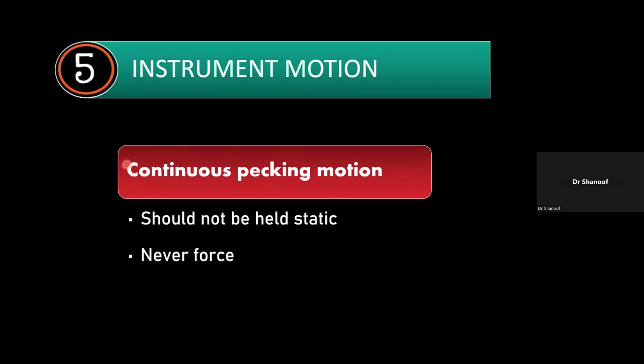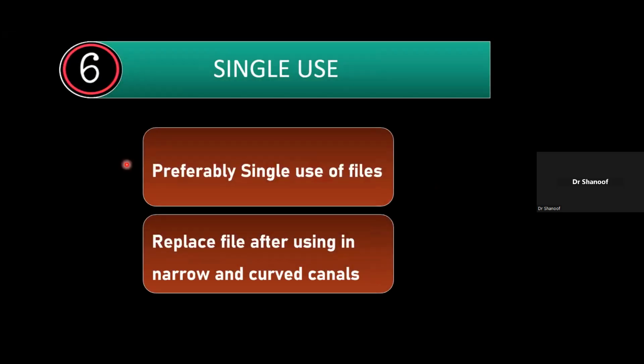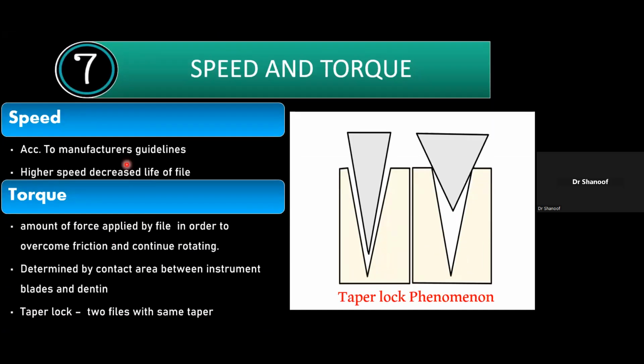This will again lead to fracture of the file. Also, never force the rotary file in the canal. Then we should preferably use files only once, or else keep on checking the files for any unwinding or bending. And you should always replace it once you use it in a narrow and curved canal.